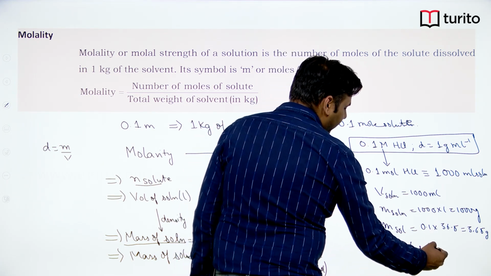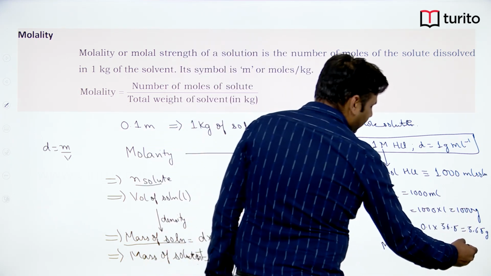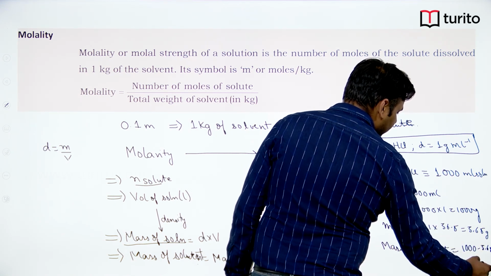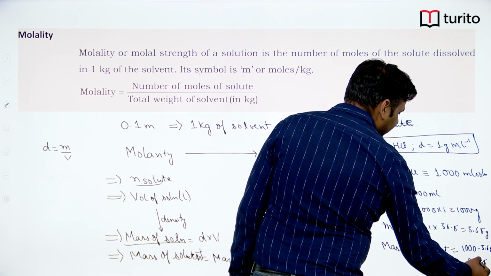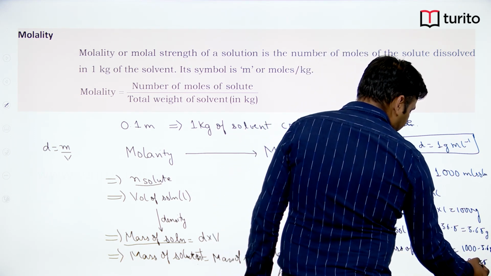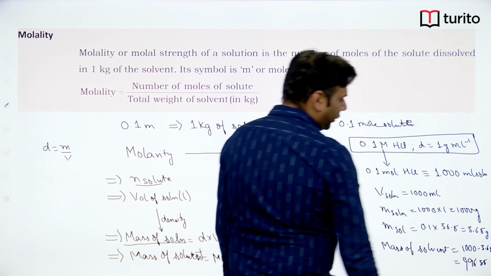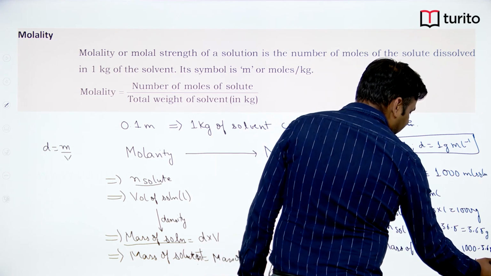Okay, so the mass of solvent in this case would be 1000 minus 3.65. Clearly you can see this is 996.35 grams.